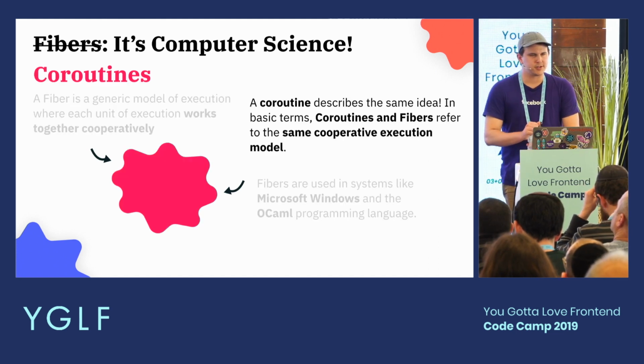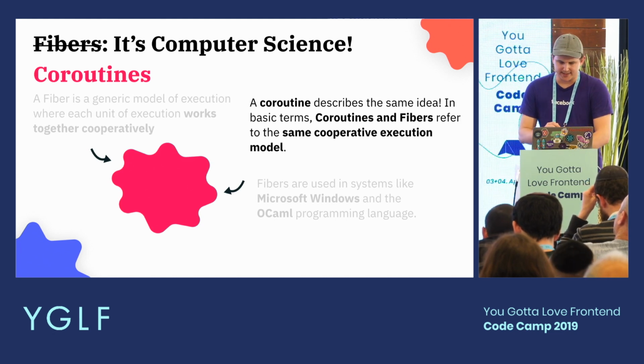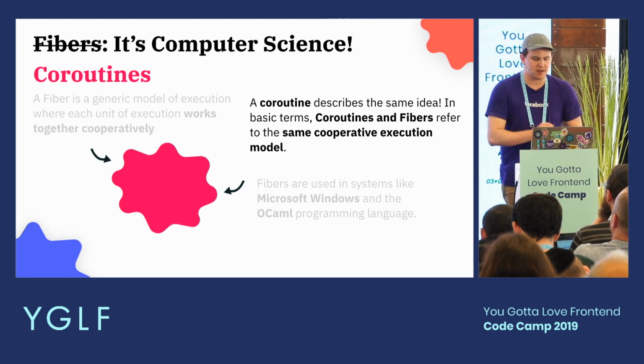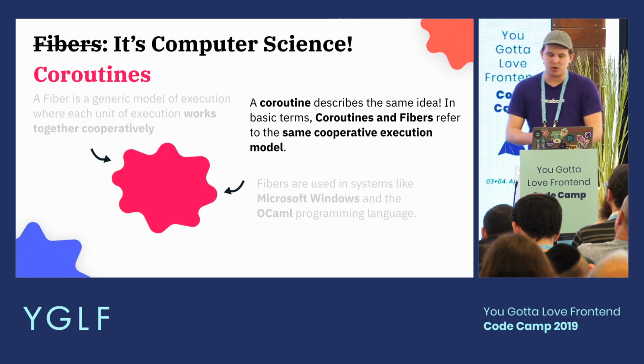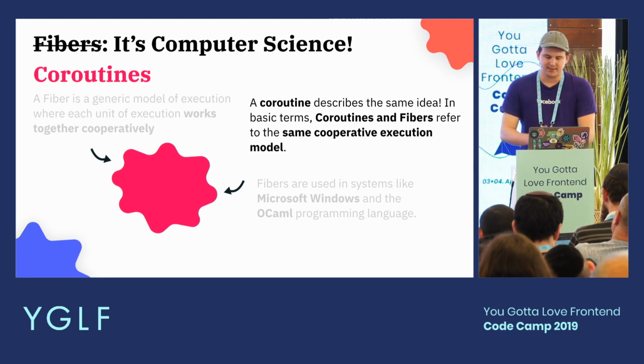Now, coroutine is another term that I had in the title, and thankfully it's super easy now to define because it's essentially the same idea that we just laid out in fibers. Coroutines and fibers both refer to this same cooperative execution model. So a simple definition is coroutines and fibers are mostly the same thing.